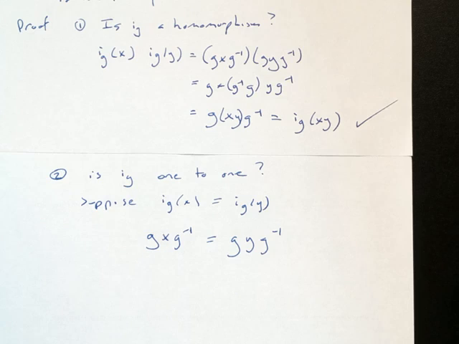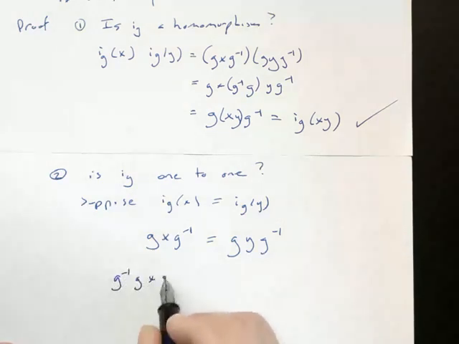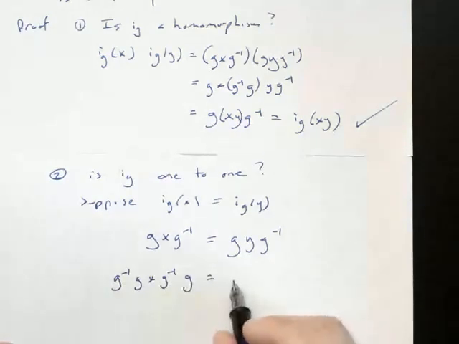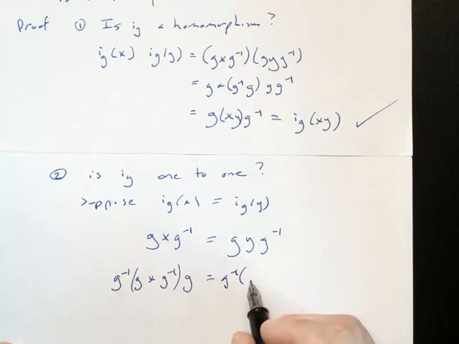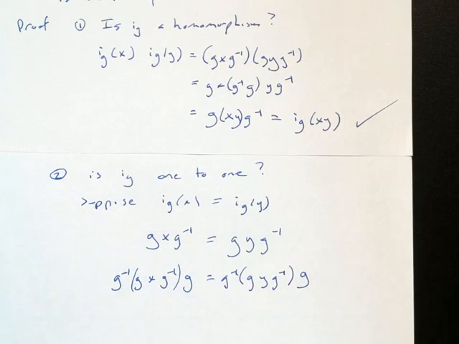You multiply on the left by G inverse and then on the right by G. With a little bit of rearranging of parentheses, what's the next line? X equals Y. Yay!